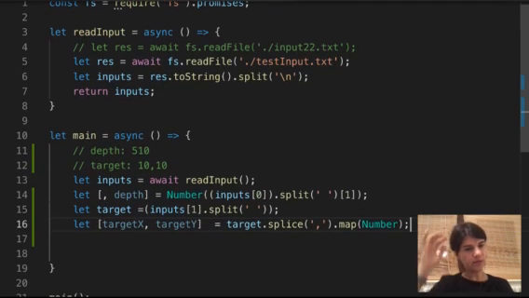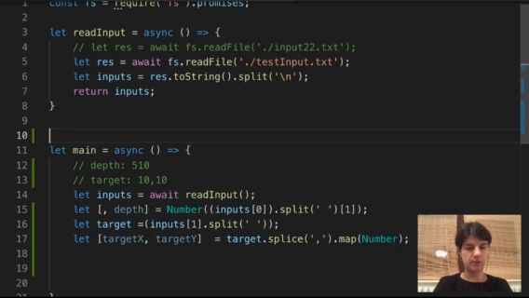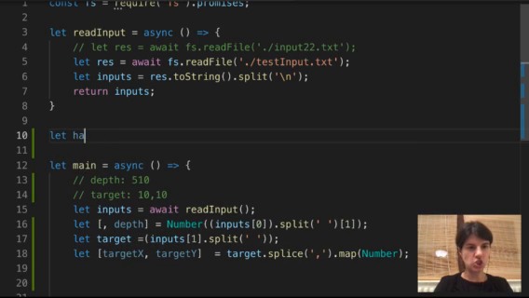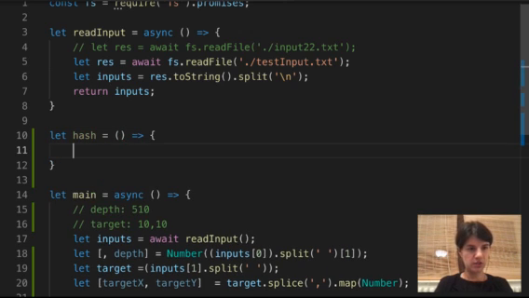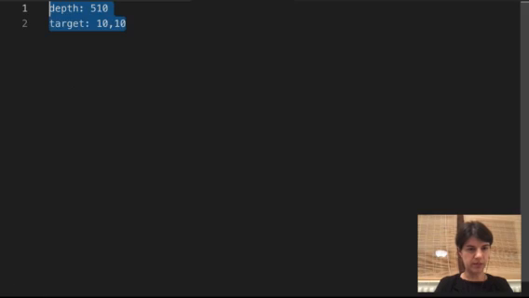All right, so I have those. I have a map, so what I will use again is my let hash is a function, and the function takes an x and a y coordinate, and it returns x multiplied by 10, should be fine.